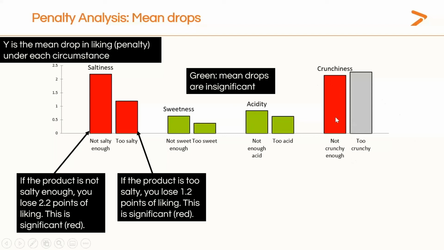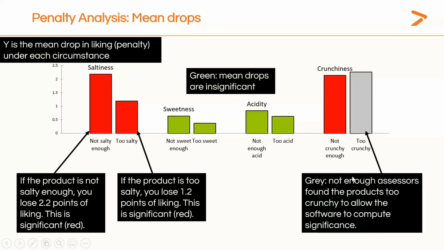Look here also, you have a red one, which means that if your product is not crunchy enough, you lose 2 points of liking. But if your product is too crunchy, you also lose a lot of liking, but actually the color is gray. What does this mean? This means that not enough assessors found the product too crunchy to allow the software to compute significance. So we cannot really compute the significance in this case.